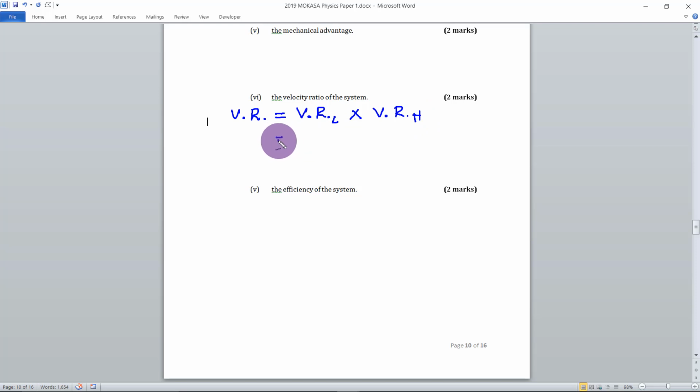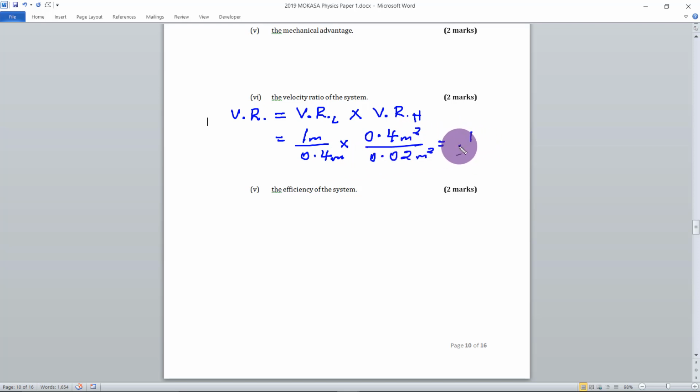The velocity ratio of the lever system is equal to effort arm, which is 1 meter, divided by the load arm, which is 0.4, times the area of the larger piston, which is 0.4 meters squared, divided by the area of the smaller piston, which is 0.02, again meters squared. And you can see that actually the units cancel out and they are going to give us just a number.